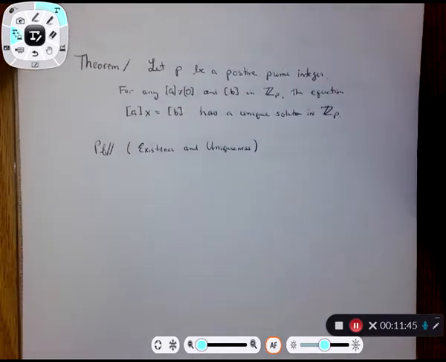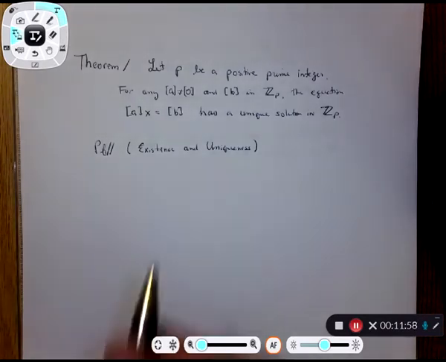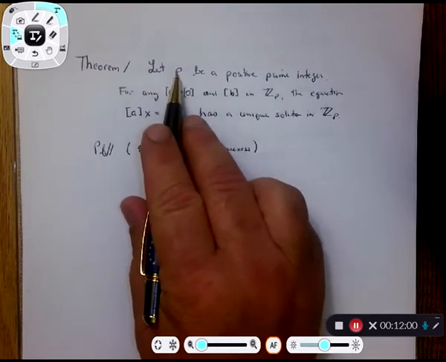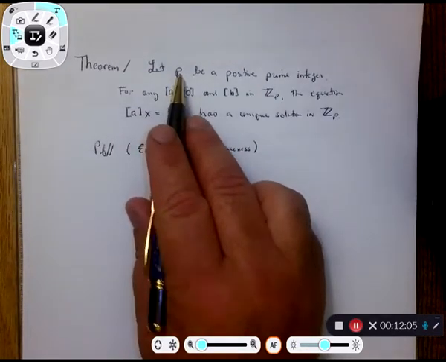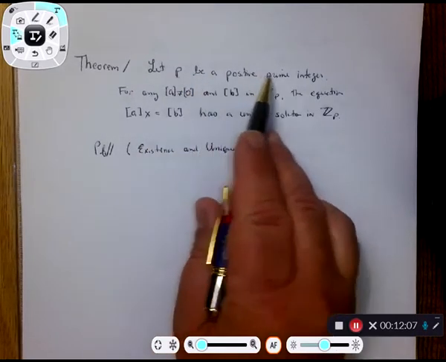Now another theorem, and applying with this and talking about more algebraic structures, is this guy here. Now, let P be a positive prime integer. So P is going to be prime, and it's got to be a positive prime because it's going to mod out by it. And you can only mod out by positive integers here. So let P be a positive prime integer.